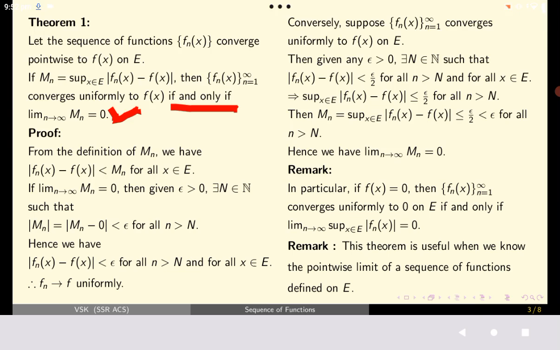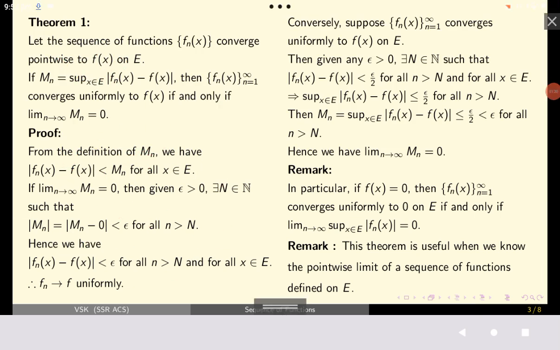From the definition of M_n, we have modulus of f_n(x) minus f(x) is less than or equal to M_n for all x belonging to E. Why is this so? Because M_n is defined as a supremum of this.